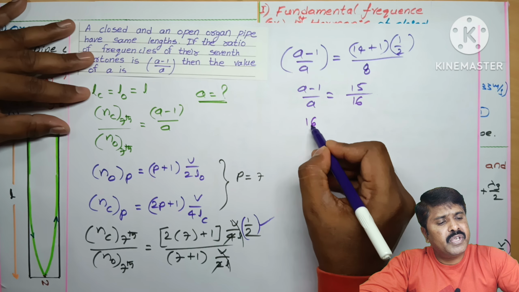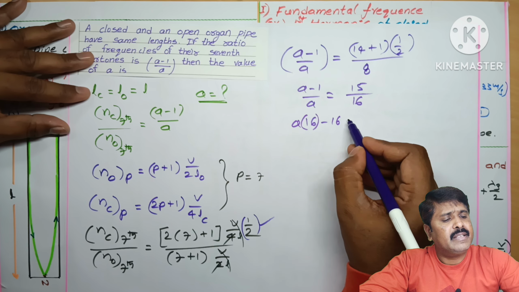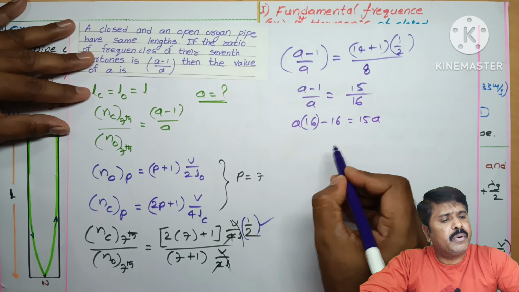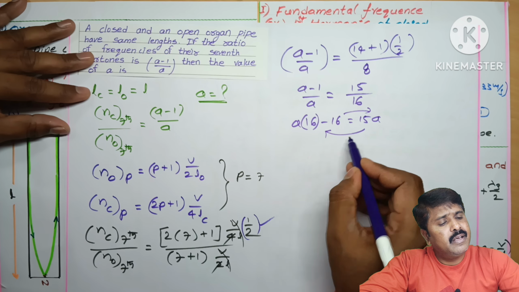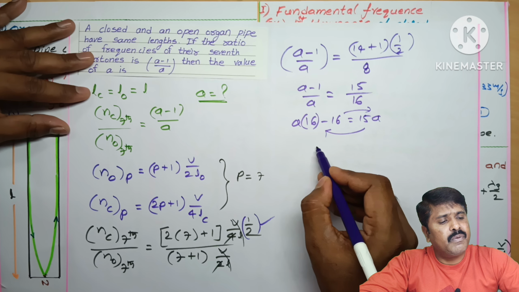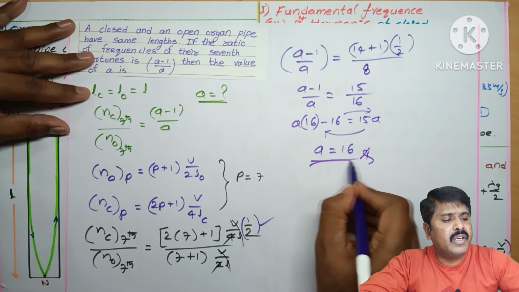Student, cross multiplication: 16A minus 16 is equal to 15A. Rearranging the equation, 16 minus 15 is 1 only, so A is equal to 16, the answer for the given question.